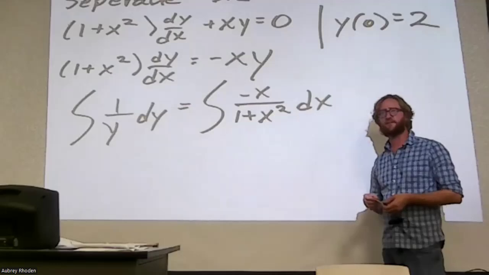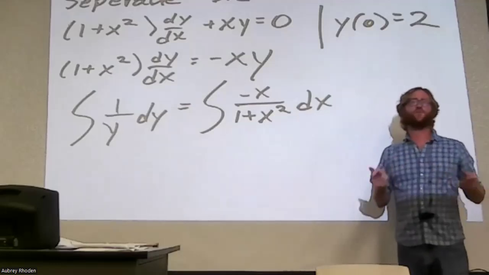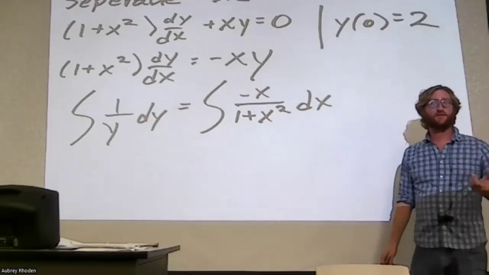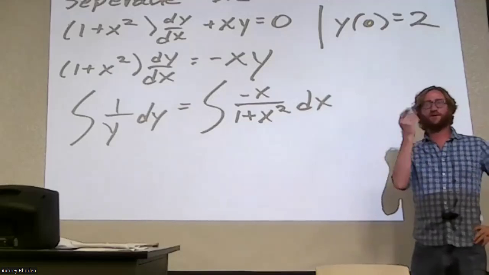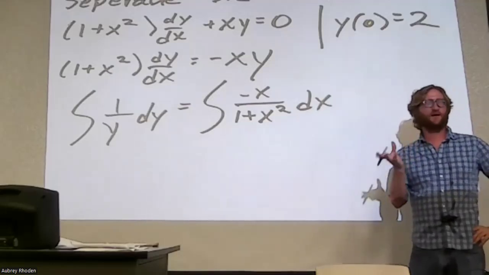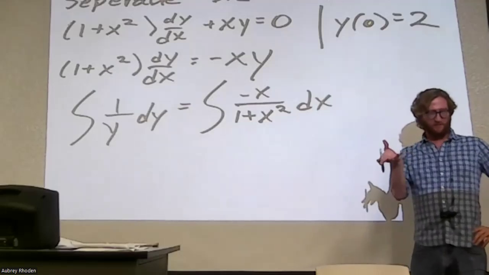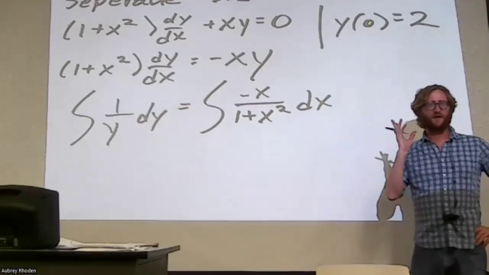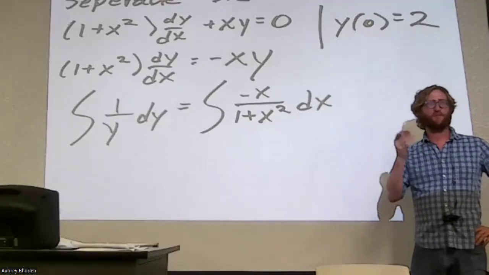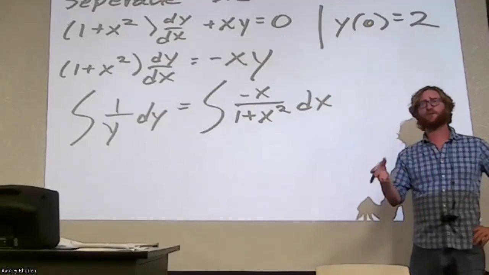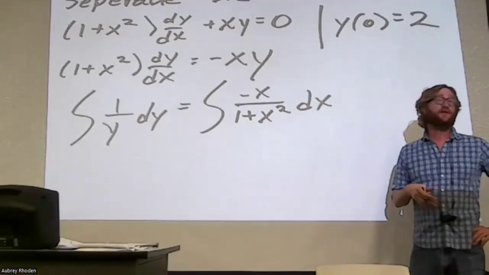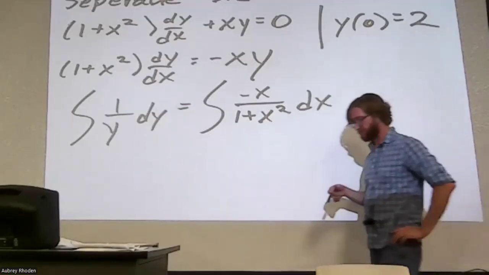This thing right here, negative x divided by 1 plus x squared, is going to take one of our techniques of integration. When I look at this problem, I've got an x squared on the bottom and an x on the top. Remember, if you let u equal 1 plus x squared, du is going to equal 2x dx.